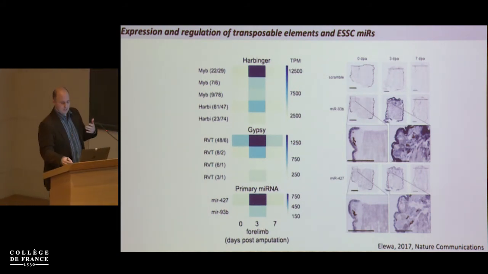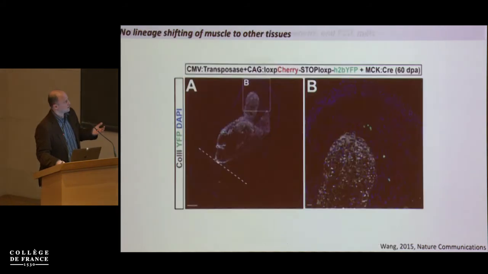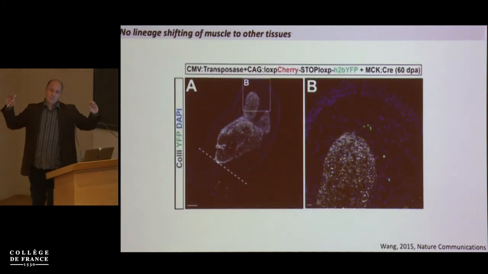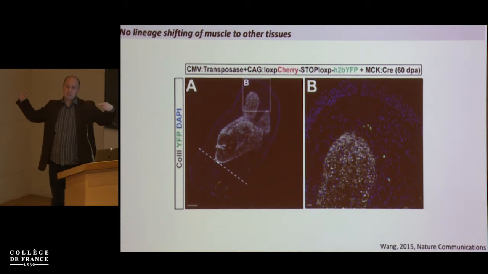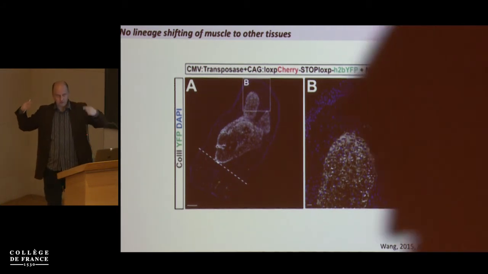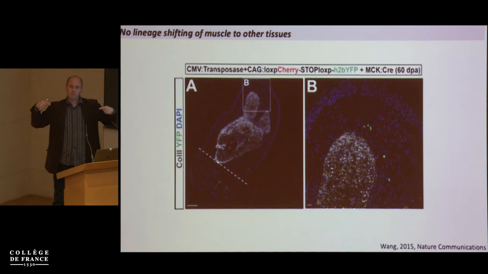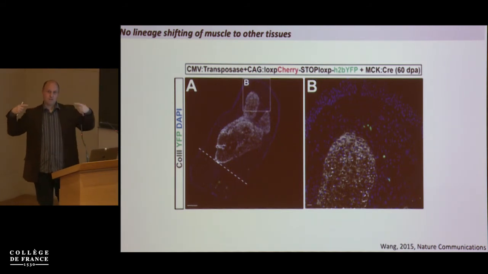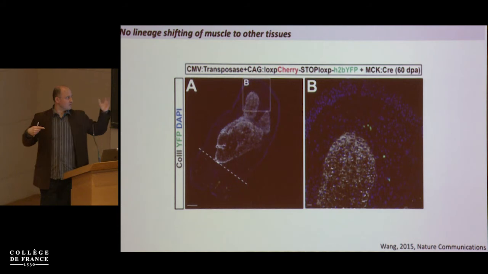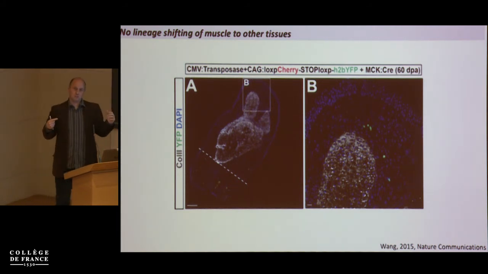So when we look at our tracing data, we do see that even though de-differentiation of muscle in terms of fragmentation and cell cycle reentry is a very radical reprogramming, they don't shift lineage. They still retain a memory, so they only give rise to muscle. They don't give rise to cartilage or to other tissues.